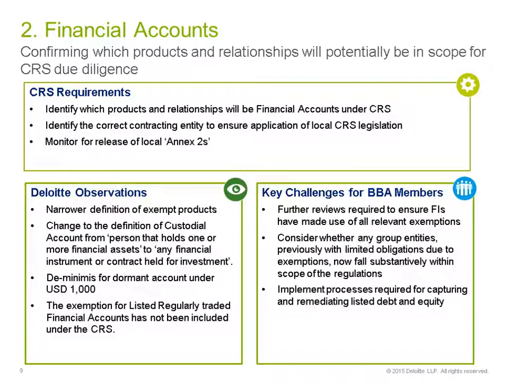There's been a specific change to the definition of custodial account from a person that holds one or more financial assets to any financial instrument or contract held for investment, and again it's important to note that. One of the points that we'll come on to later on is around the de minimis exemptions that existed under FATCA, and that they have actually been removed for CRS, and that will potentially impose a significant burden on financial institutions that have relied on that in the past.